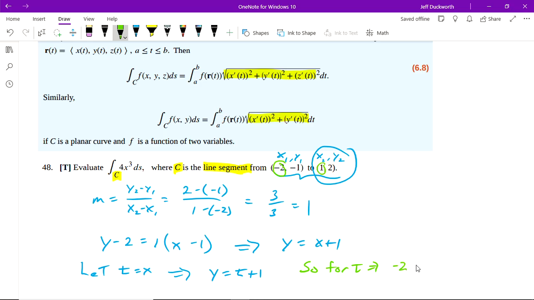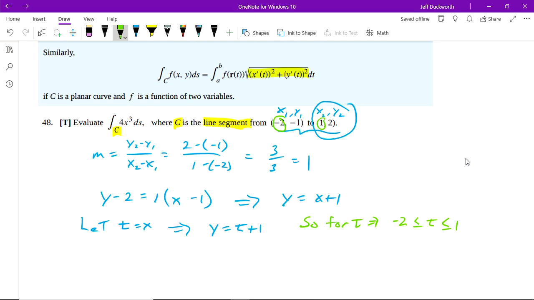So -2 will be our lowest value for t, and +1 will be our largest value for t. So we should have a pretty good setup now. So for our integral, our a will be -2, our b will be 1, and now we'll have to figure out what the rest of it is going to be.